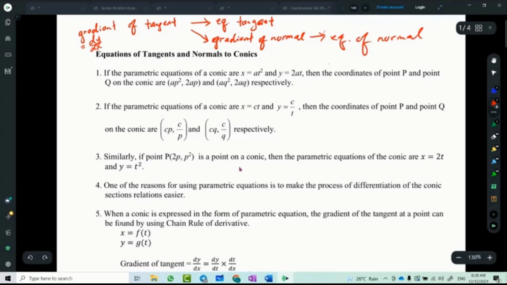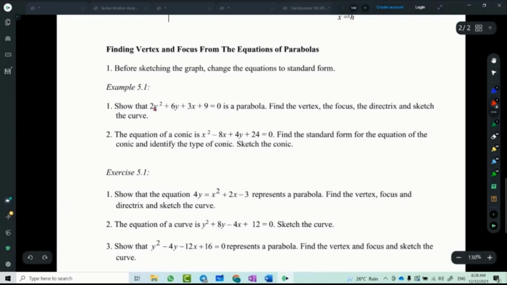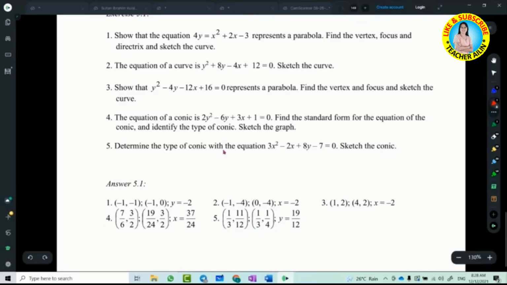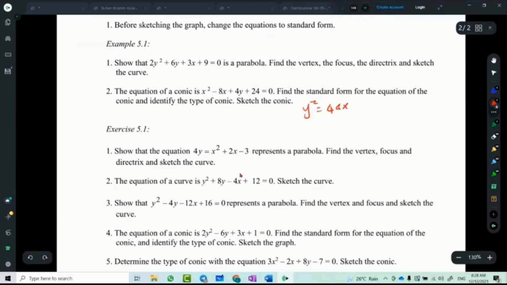Tetapi kalau awak tengok parabola punya persamaan, dia y kuasa 2 kalau katakan 4ax. So if you want to find gradient, you need dy dx. Okay, dy dx yang biasanya awak belajar y equals 4x. So dy dx you can get 4 lah. But here you have kuasa 2. Ini awak belum belajar lagi. This one you learn in SEM 2.